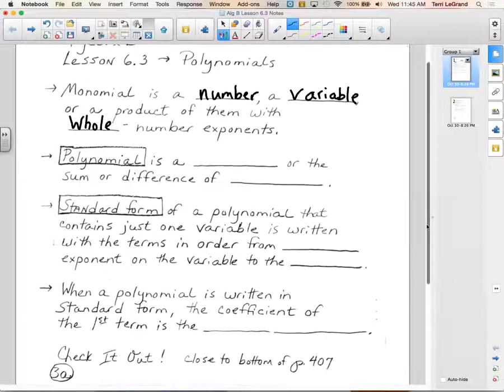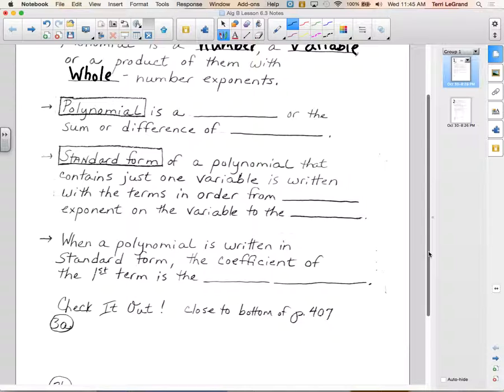So a polynomial is considered to be a monomial, or the sum or difference of monomials.